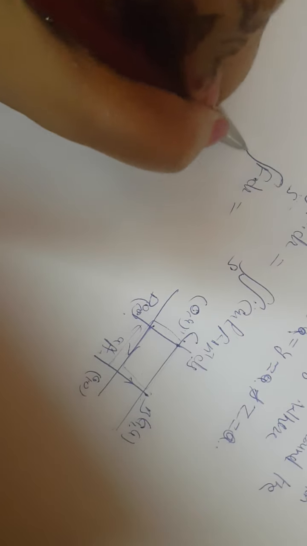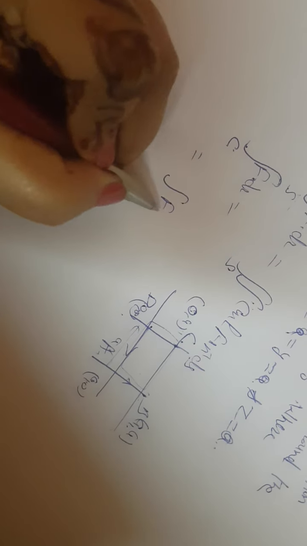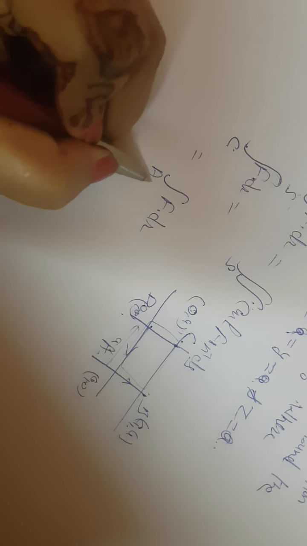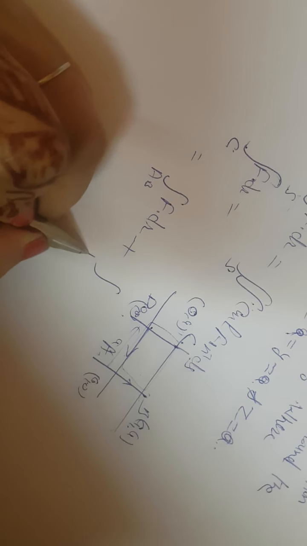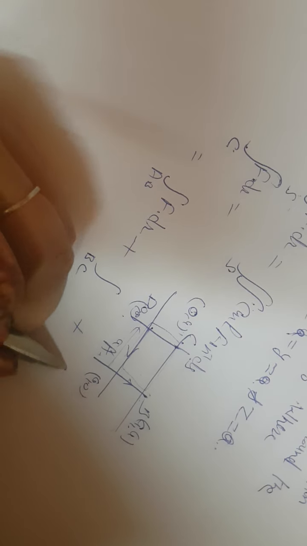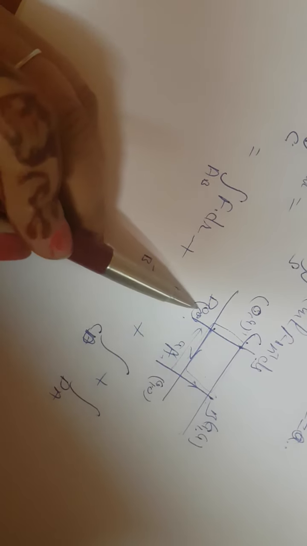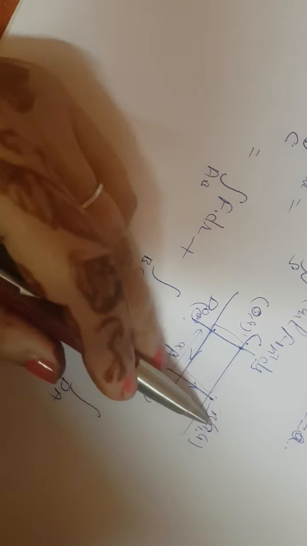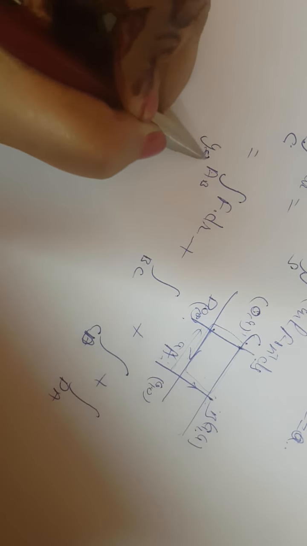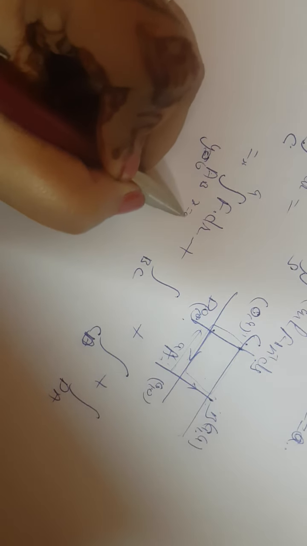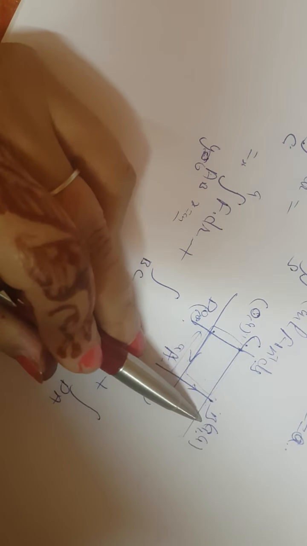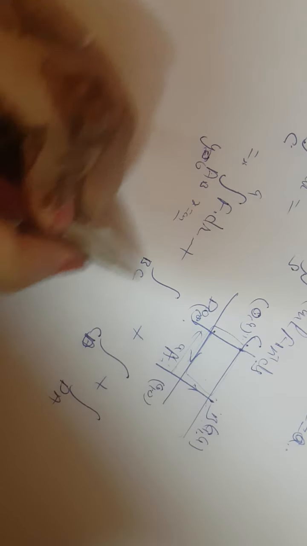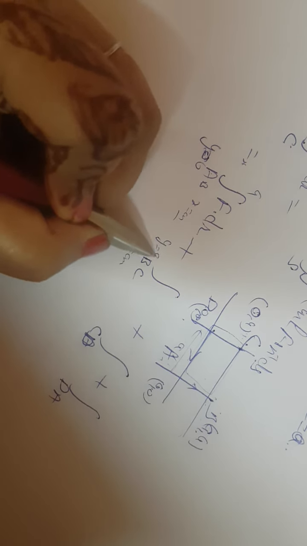F dot dr along the curve C is nothing but F dot dr along the curve AB plus BC plus CD plus DA. First, from A to B, x is constant and y varies from 0 to a. From B to C, x is also constant and y varies from a to 0.